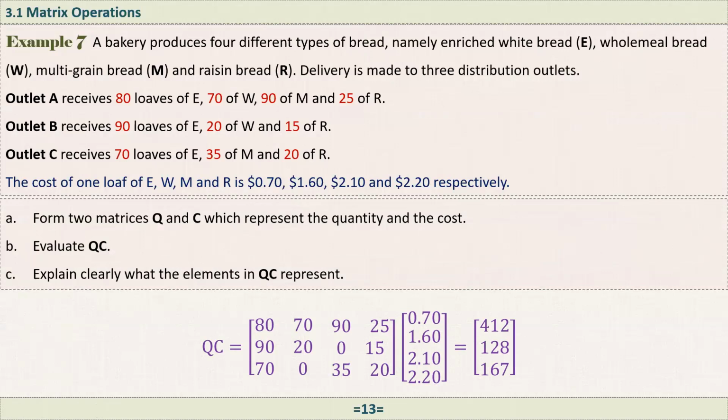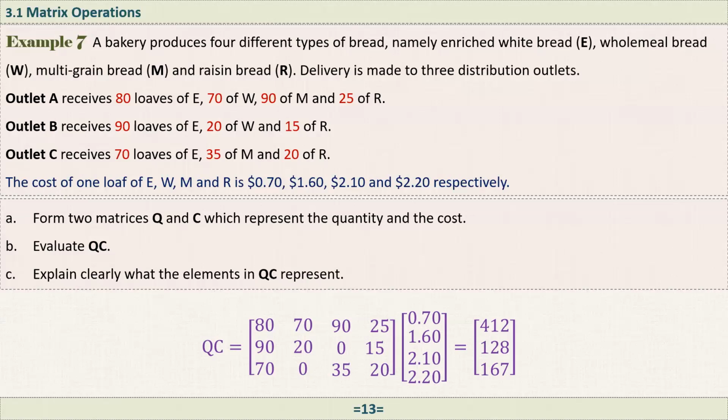Okay, that is the application of this product in business. A bakery produces 4 different types of bread, namely enriched white bread, that's E, whole meal bread, that is W, multi-grain bread, that is M, and raisin bread, that is R. Delivery is made to 3 distribution outlets.